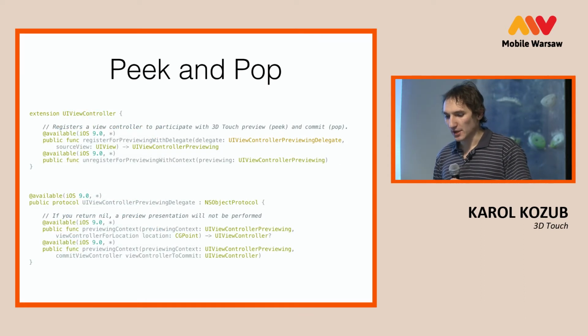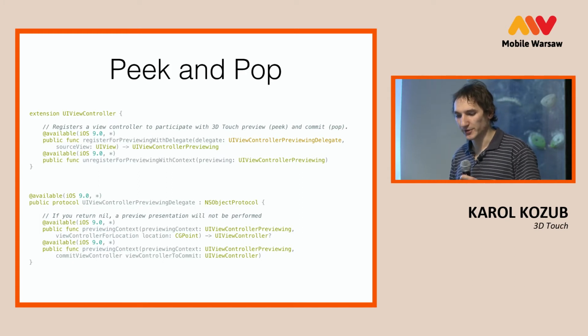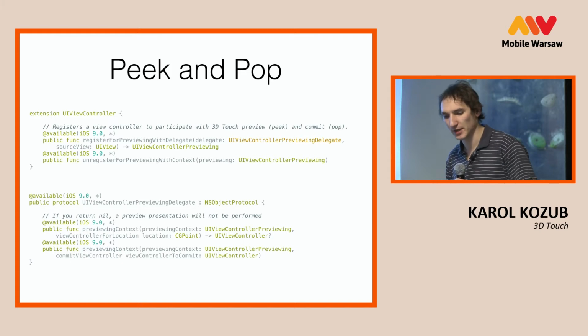So here are the two classes that are needed to implement that. There is an extension on UIViewController with two methods, registerForPreviewingWithDelegate and unregisterForPreviewingWithContext. To have the previews, we have to first register for previewing. And the registerForPreviewing method takes two arguments, the delegate and source view.